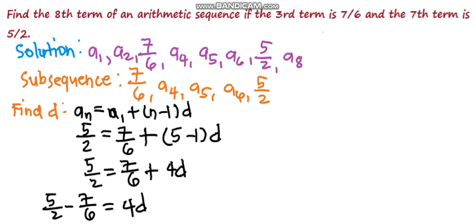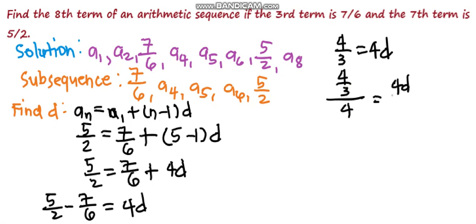So that is 4/3 equals 4D. And divided by 4. Diba? Makakancel na lang. So, our D is 1/3. Okay? So, 1/3.